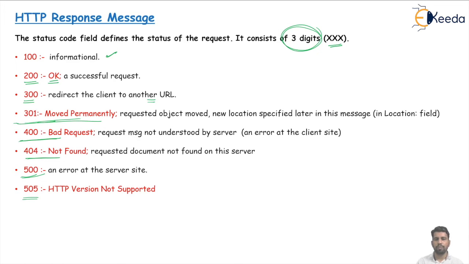So these are all the important points related to HTTP, and questions are asked in very different manners. They ask you whether a persistent connection or a non-persistent connection is better. They give you a question asking you to choose the correct command of HTTP, meaning they ask about the method in the request message, or they give you something like 400 in the status line of the response message and ask what is the meaning of this, or choose the correct meaning.